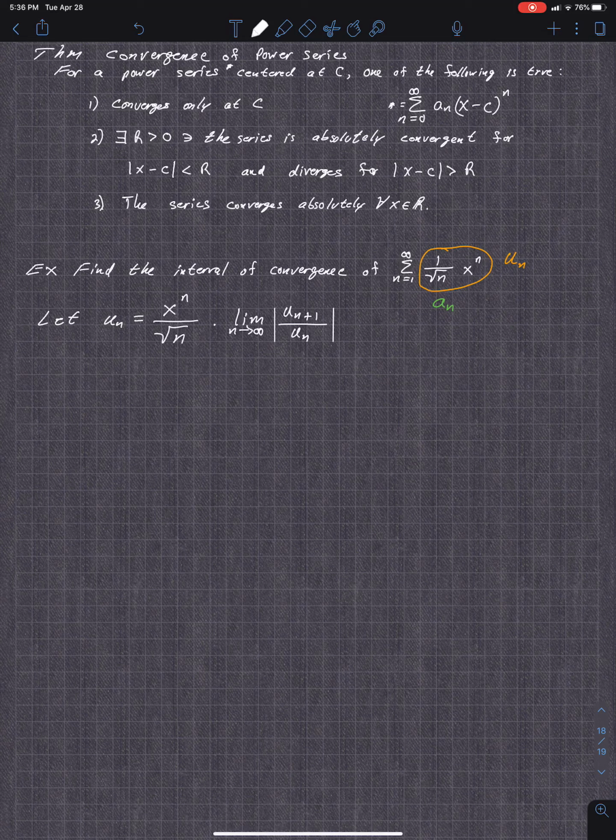And we substitute and simplify all of that. So that's equal to the limit as n approaches infinity of the absolute value. And this is something you may want to stop and work on yourself for a little bit. I'll go through this one. You're just going to be substituting in n plus 1 to the whole thing and see what happens. So it's x to the n plus 1 over the square root of n plus 1, then it's root n over x to the n.